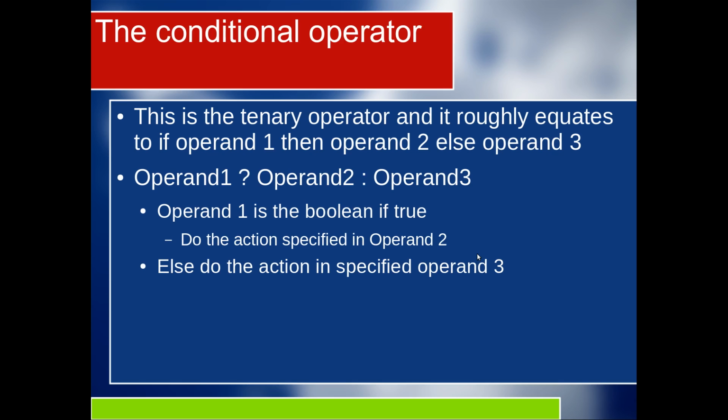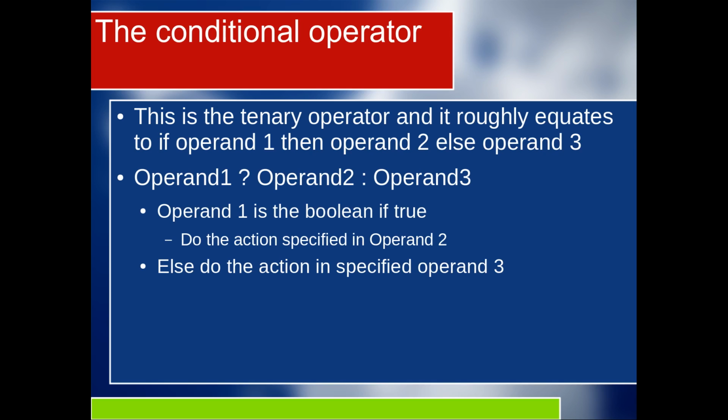So this is going to bring us to the conditional operator. This is that ternary operator I was talking about at the beginning. It takes 3 operands, and it works sort of like this. If operand 1 evaluates to true, then do the action specified by operand 2. Otherwise, do the action specified by operand 3.